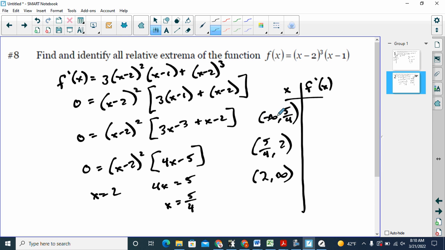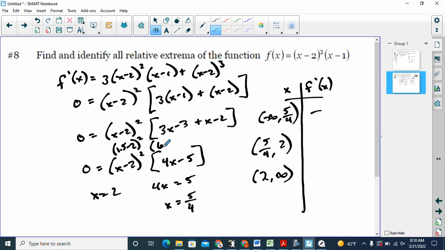So from negative infinity to 5/4, if we plug in 0, I'm going to plug it into the derivative, which is the same thing as this. That's the factored form of the derivative. So if I plug in 0 here, I get 4 times negative 5. That's negative. If I plug in 1.5, 1.5 minus 2 squared, because I'm squaring it, I get positive.